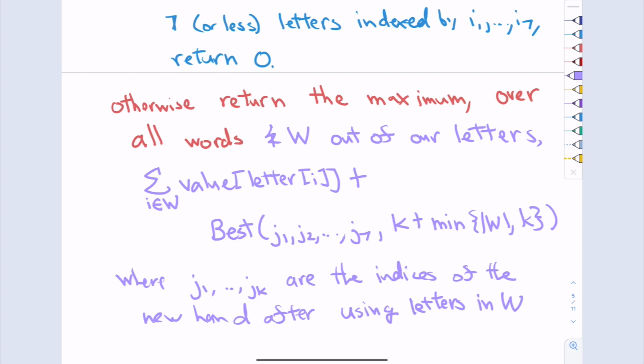K is supposed to be the first letter that's left, so maybe I'll write it this way.